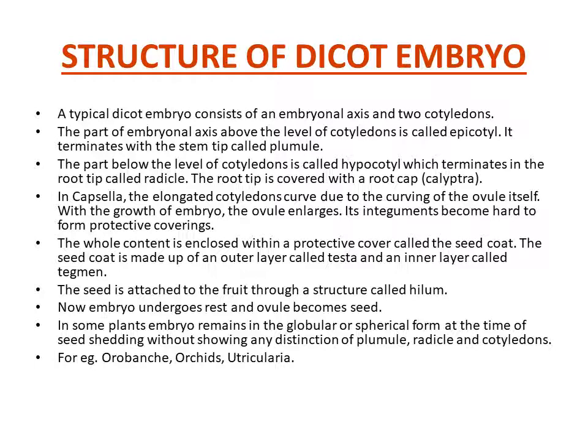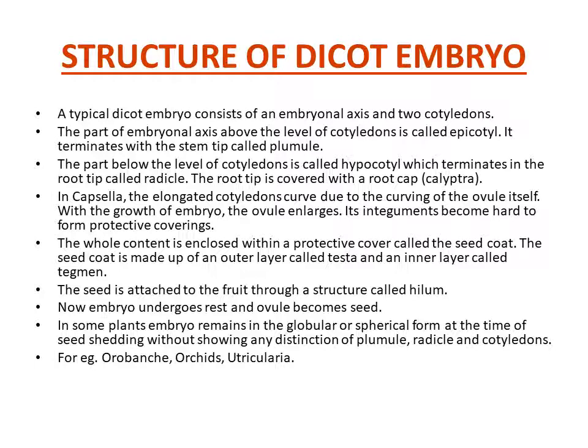The part below the cotyledon is known as the hypocotyl, which converts into the radicle or root tip. The root tip is protected by a root cap, also known as the calyptra.